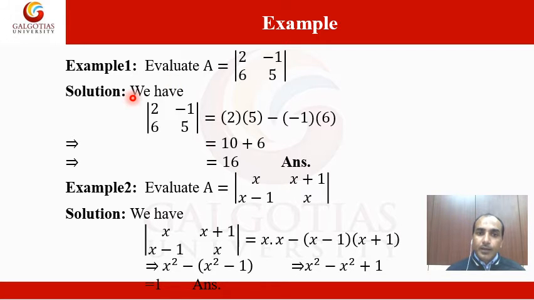So we have determinant of A equal to 2 multiplied by 5 minus 6 multiplied by minus 1. So 2 into 5 is 10, minus into minus is plus, 1 into 6 is 6. So 10 plus 6, after addition we get 16. This is a unique number. So the determinant of A is 16.